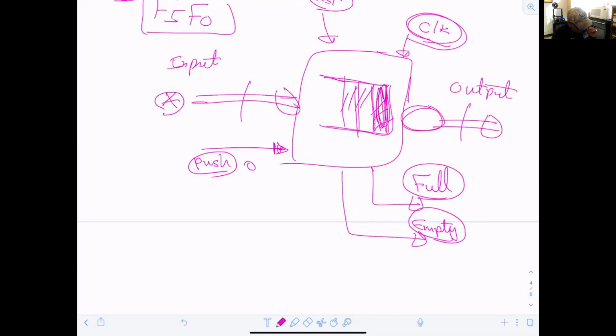That makes sense? Then I will need another input, but it's not associated with the input, it's associated with the output. It's called pull. So every time pull is high, an output will be reported from the device. So that's pretty much what is called FIFO. Does it make sense?